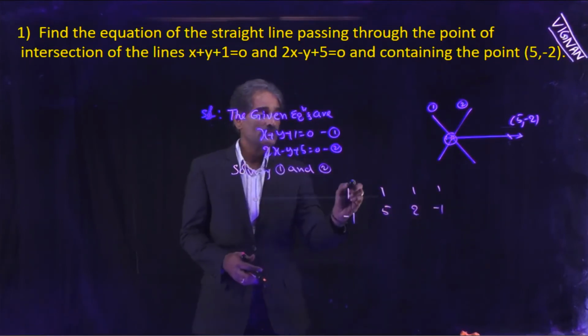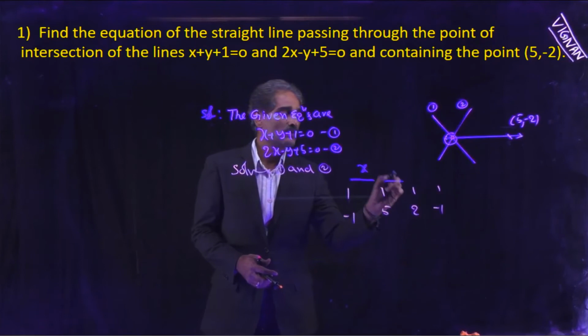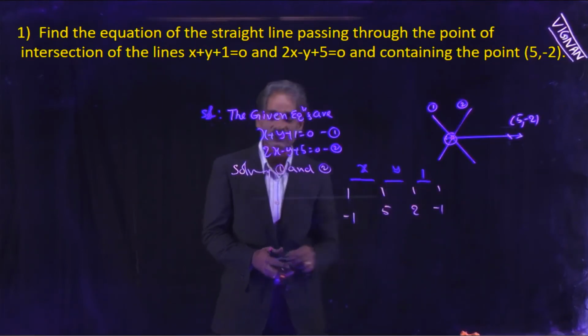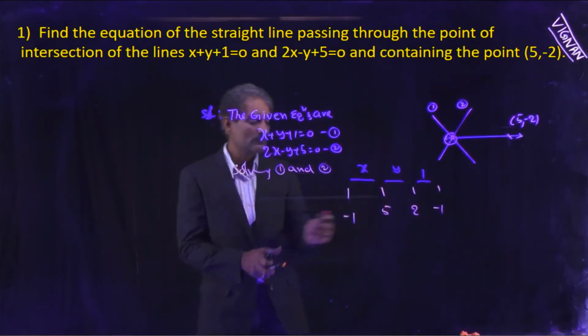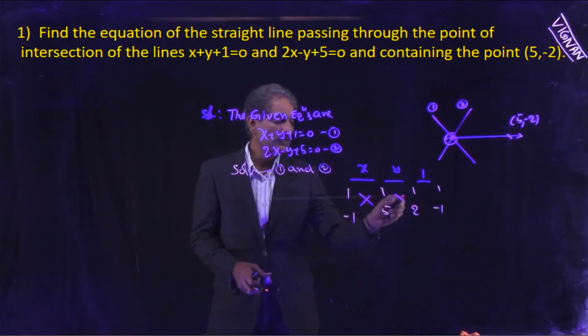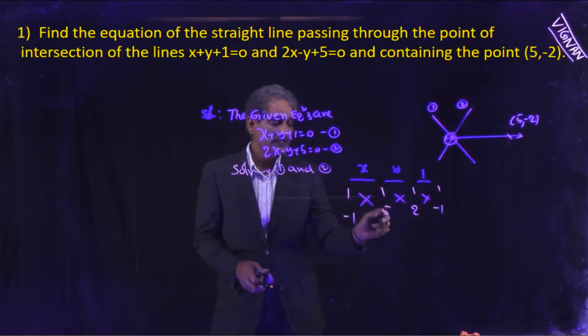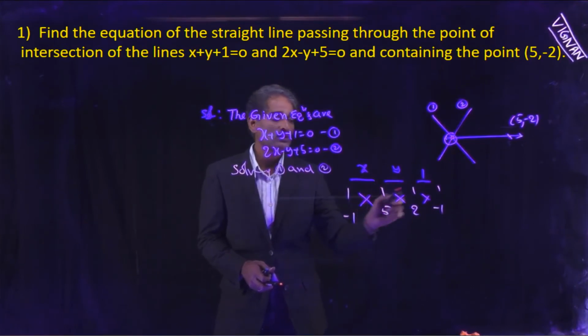So now here take x, y, 1 always. We have to find the x value and y value. x by 1 into 5 minus these two product, and y by these two product minus these two, and 1 by this.